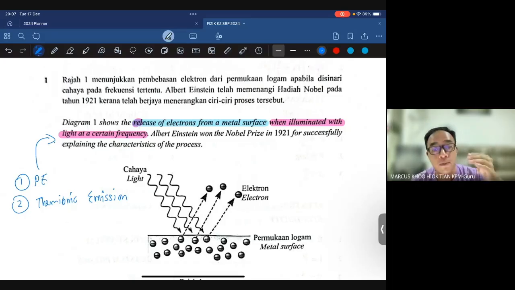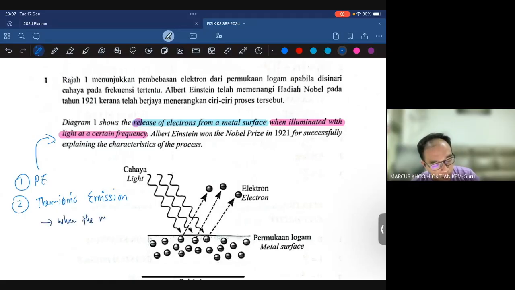Now, thermionic emission, if you remember from the Terengganu class, the definition is very, very similar. It's the release of an electron from a metal surface, cuma dia punya syarat itu saja yang berlainan. The condition for this to happen is the only difference. Thermionic emission is when the metal is heated up.